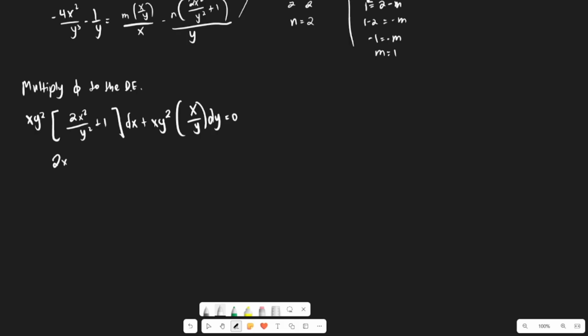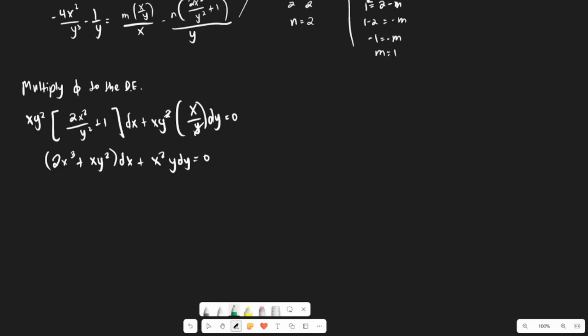We have x squared here and an x here, so we multiply those two, we'll have x cubed, plus xy squared times 1, we'll have xy squared, dx, plus, in this case, y squared and y, we take off one y, and this one cancels out, and we'll have the multiplication of x and x, so the product of x, we'll have x squared y, dy is equal to 0.